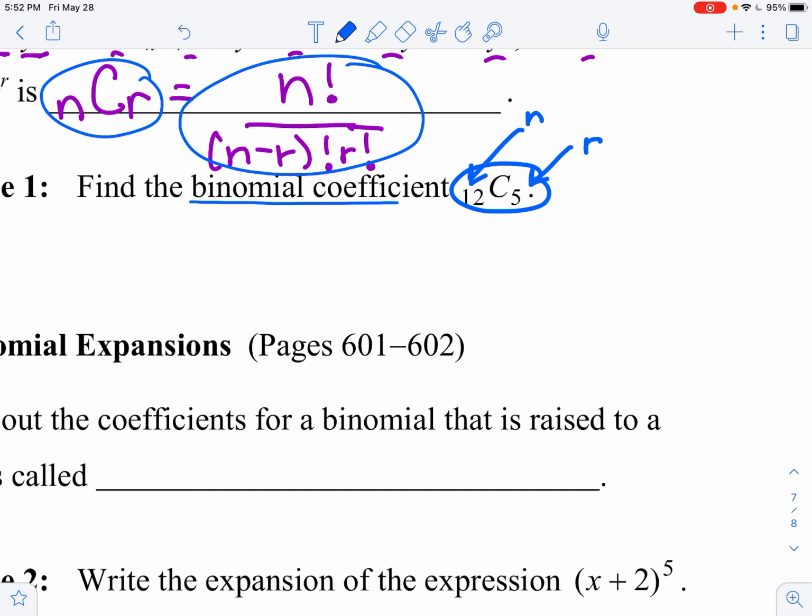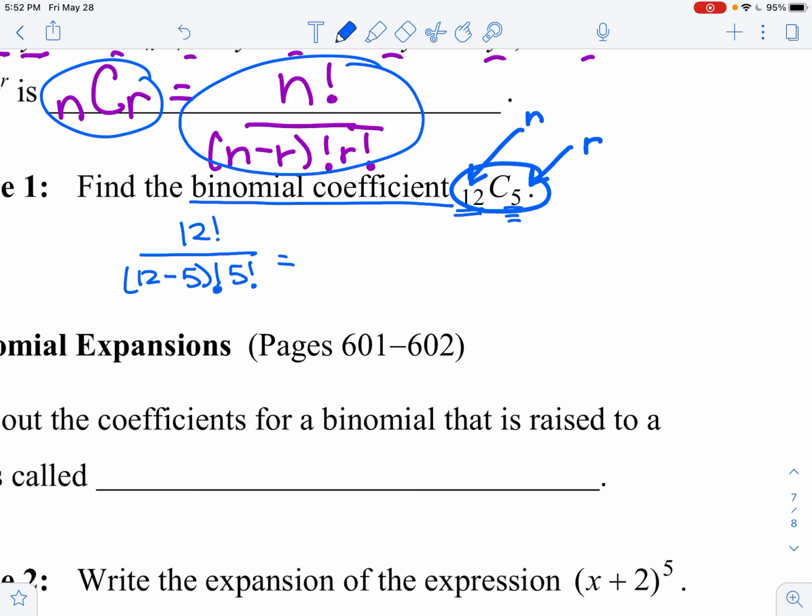What we mean by that is if there are 12 powers and we're taking the fifth value into it, what would be the coefficient of that value? So we take n, which is 12, factorial all over n, which is 12, minus r, which is 5, factorial, times r, which is 5 factorial.